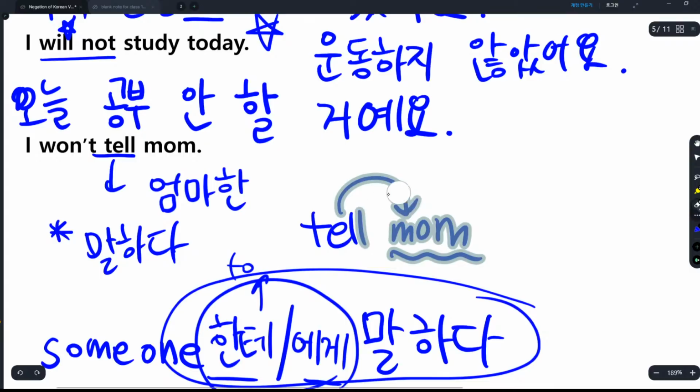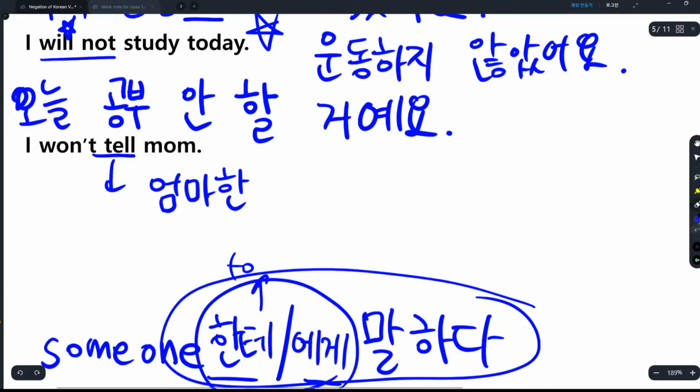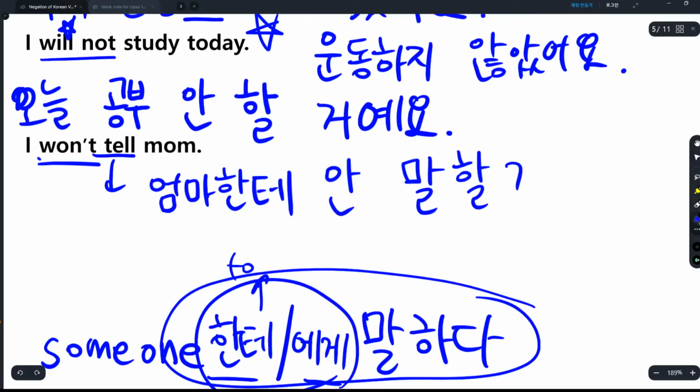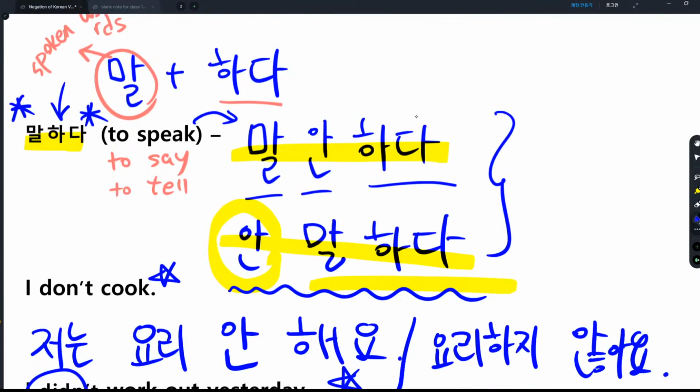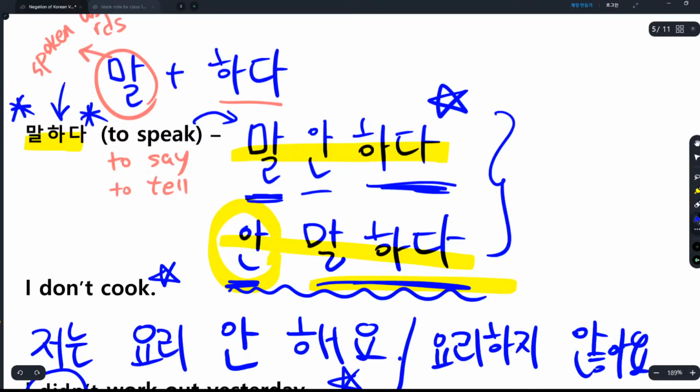잠깐만요, let me raise a few things to make more space. So 엄마한테, and we have to negate the verb 말하다, right? 엄마한테, we can say 안 말할 거예요. 안 말하다, and you conjugate it in future tense. 안 말할 거예요, because we learned that 말하다 is that kind of exception verb where both the verb and noun separation, 말 안 하다, and just the regular rule, 안 plus verb, work.